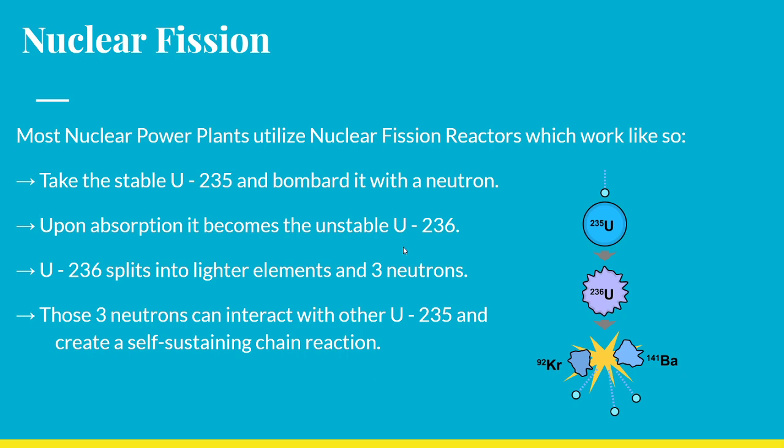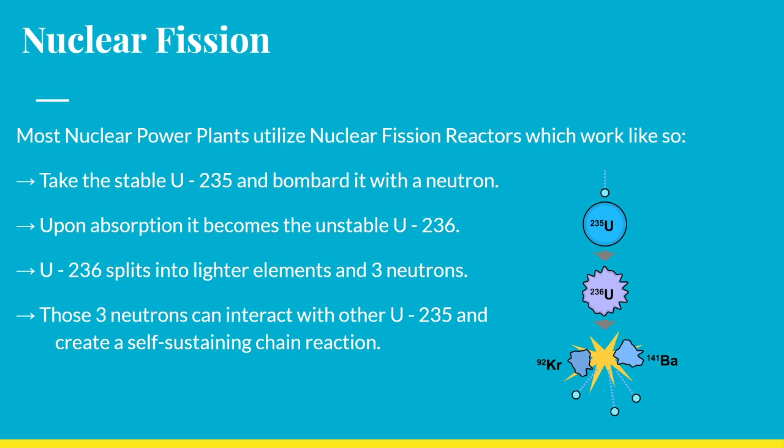Okay, we should talk about nuclear fission. I think we get the basics of things. So most nuclear power plants utilize nuclear fission reactors, which work like so. They want to take that stable uranium-235 and shoot, for lack of a better word, or bombard it with a neutron, so that it absorbs that neutron.